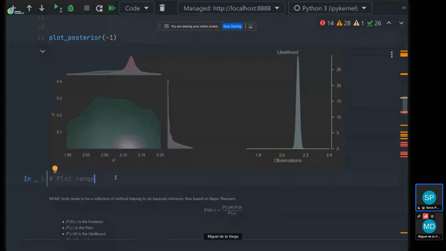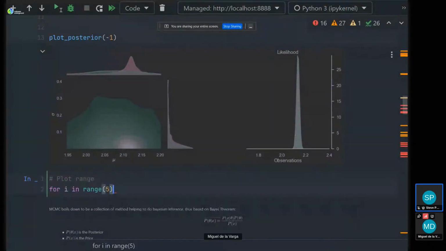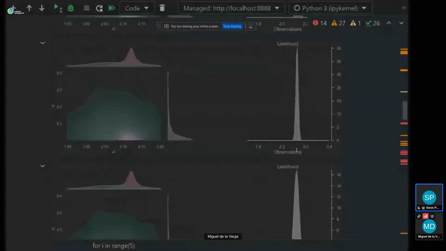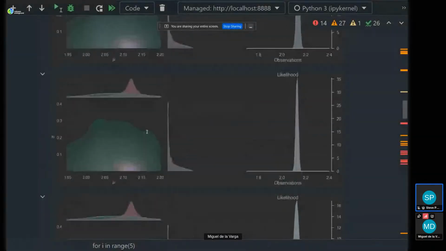If we just do it here in a range, we see we have different bells here.